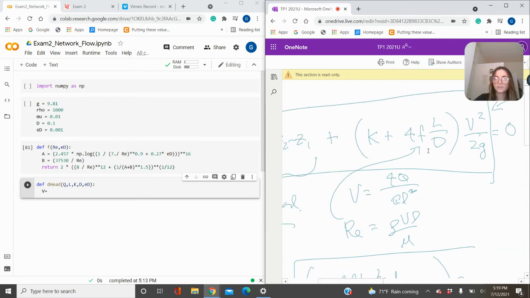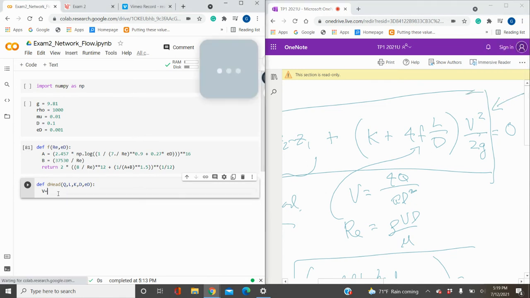All right, so we're going to put these two formulas into our calculation for delta head.